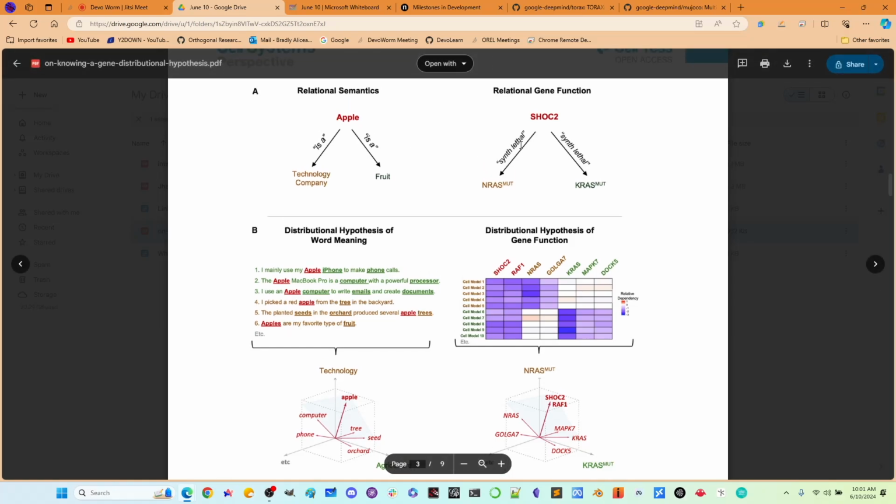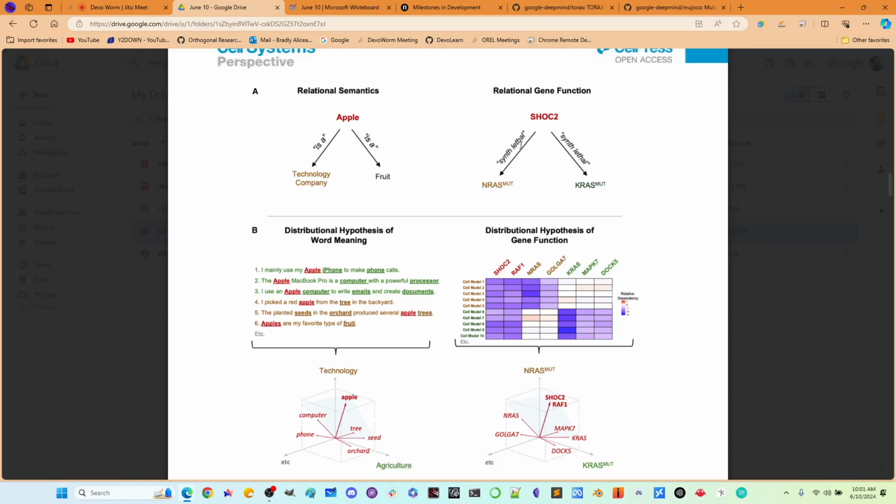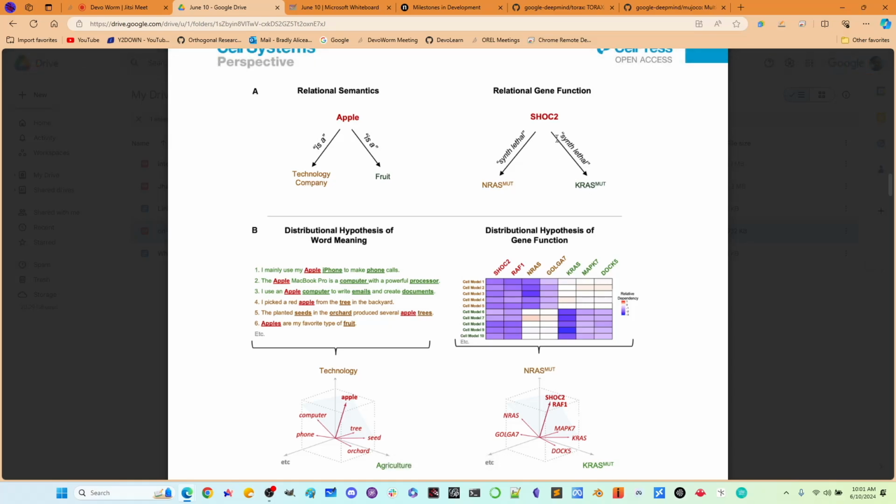Now, in gene function, we also have the situation where we have different types of genes. Sometimes we have ancestral genes. We might have a copy that then takes on a different function, but that ancestral gene-protein relationship, or gene-function relationship, is still there.